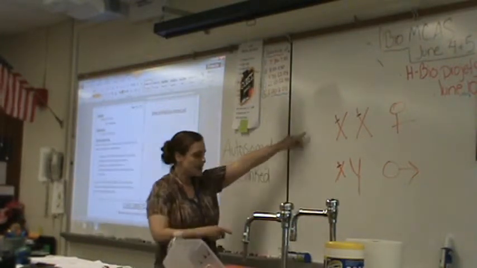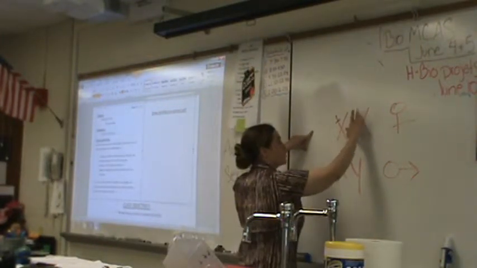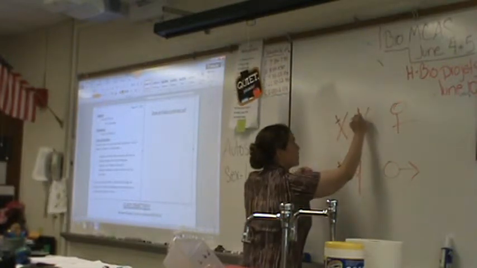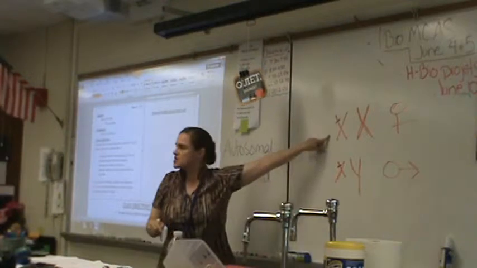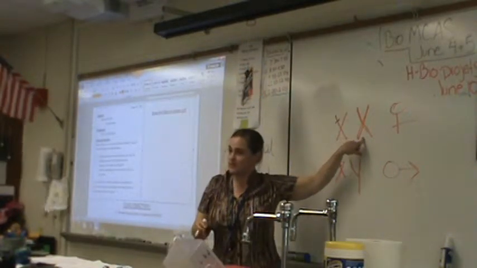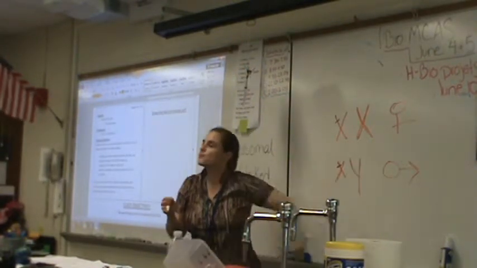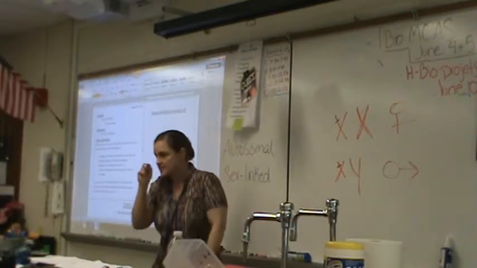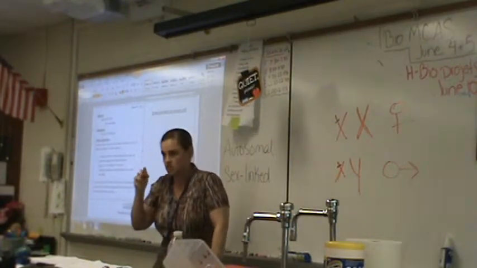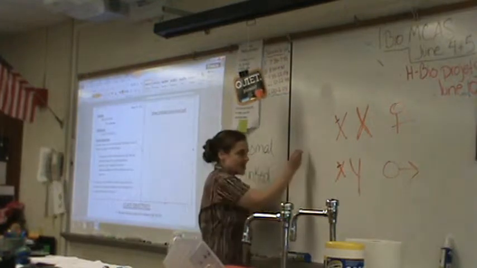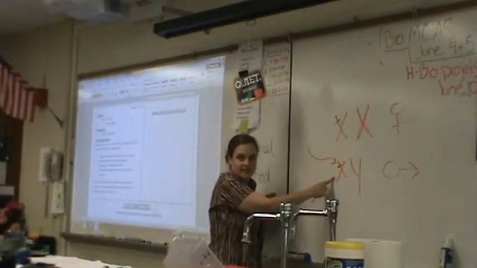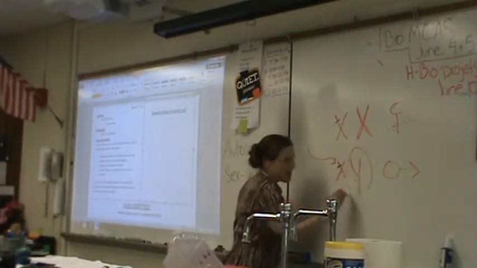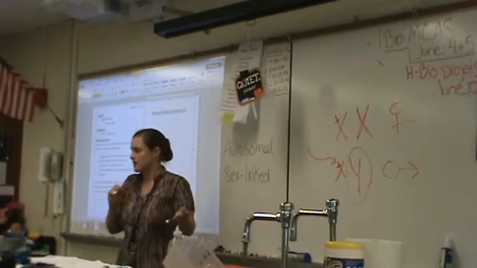If you're a female and you have one good gene and one bad gene, you're not going to have the disease because you have one good X chromosome to be dominant. But the problem is for all you guys, for these X-linked genes, if you receive the disease X from your mother, you automatically have the disease because you do not have a second X to sort of counter it, okay?